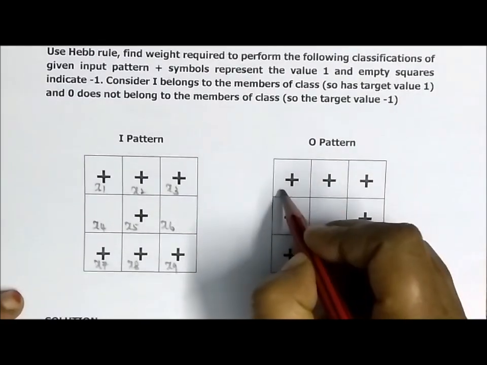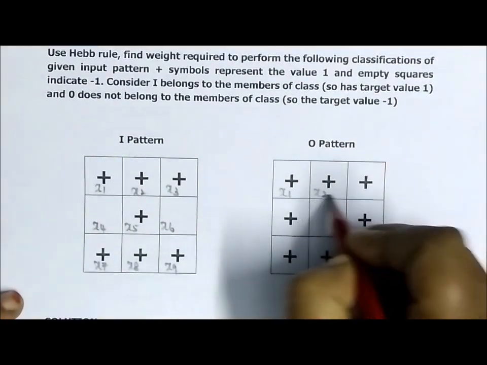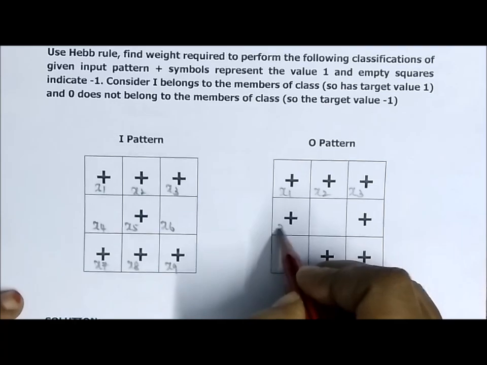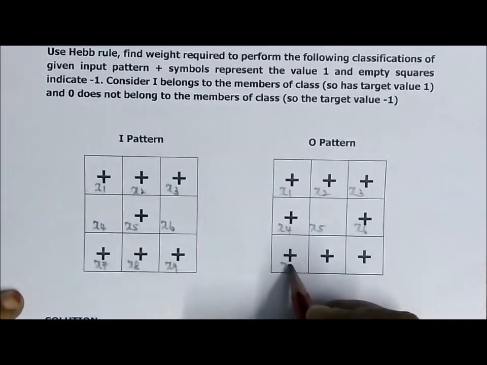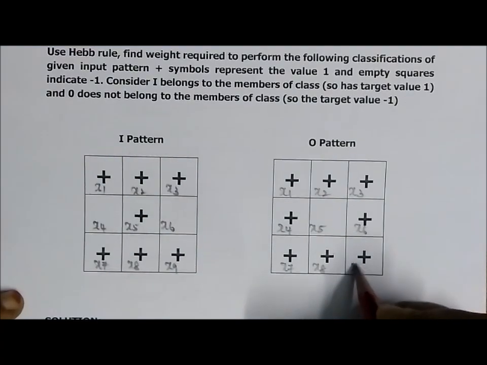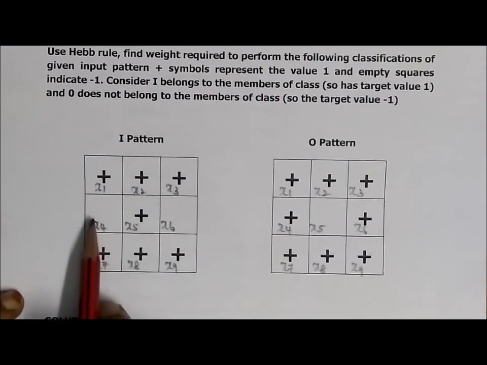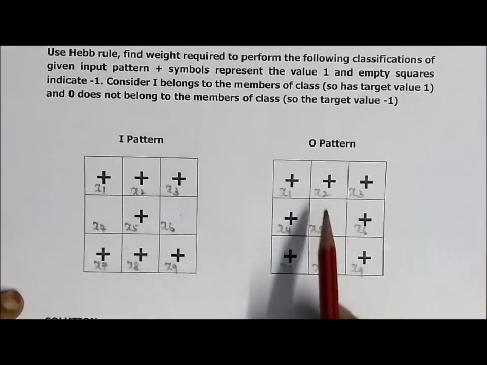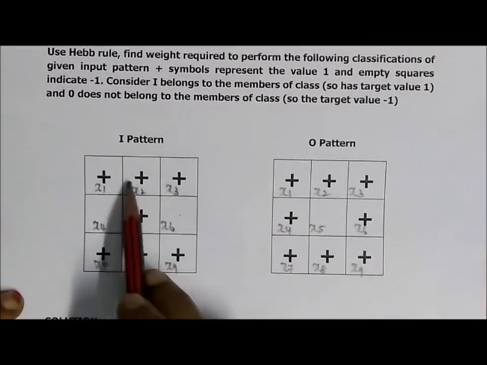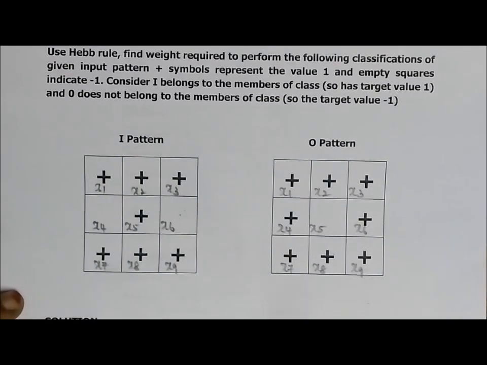Similarly for the O pattern also we will be specifying x1 to x9. If it is empty then we specify it as minus 1, and if it is a plus symbol then we specify it as 1.